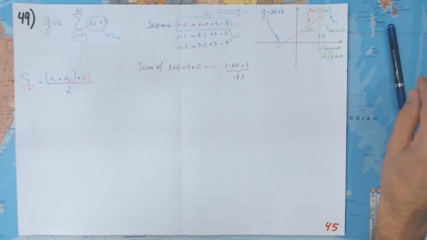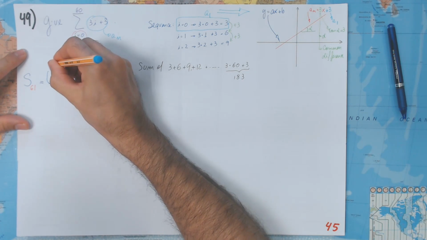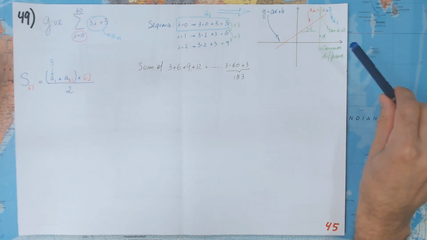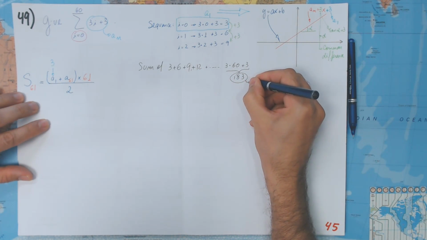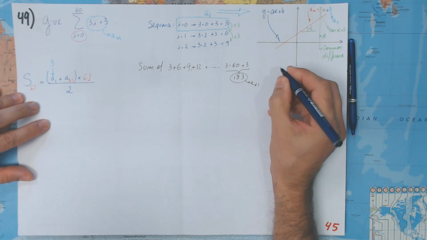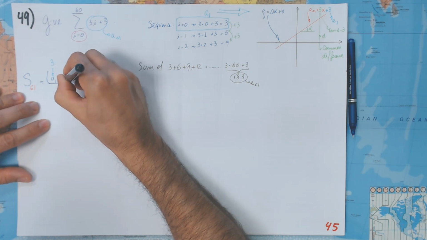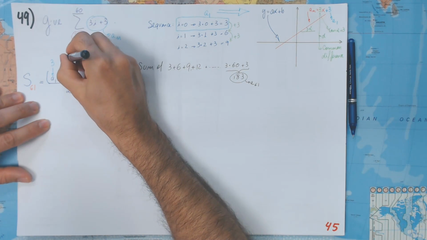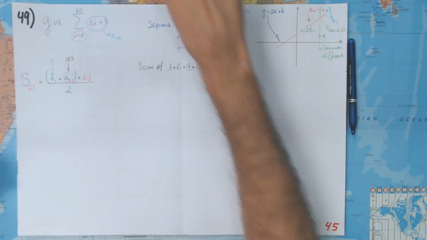And now we just plug in the numbers. A1, we know it is 3, and A61, we just calculate it in here. So this is going to be our A61, it is 183, and 61 terms.